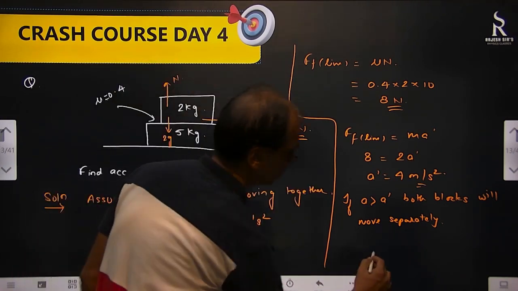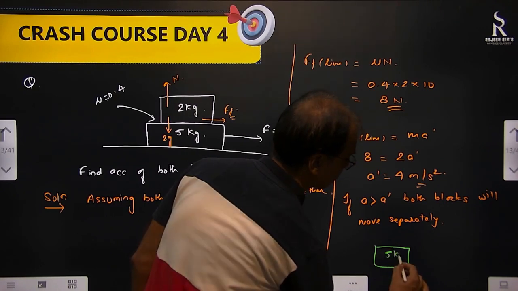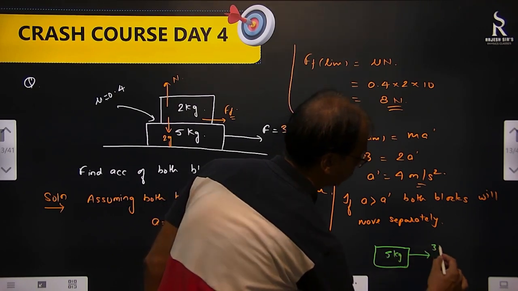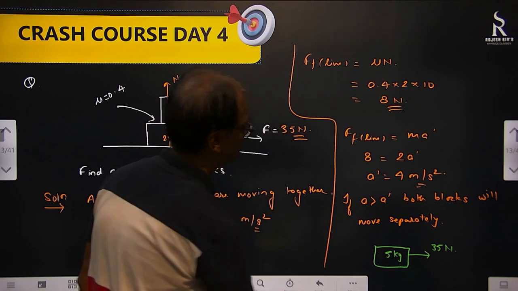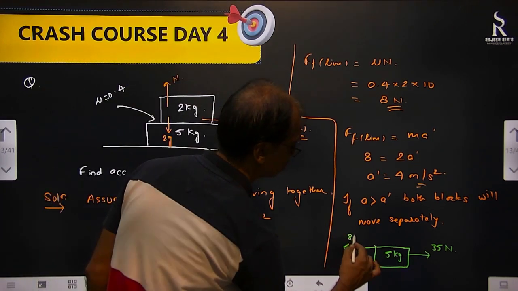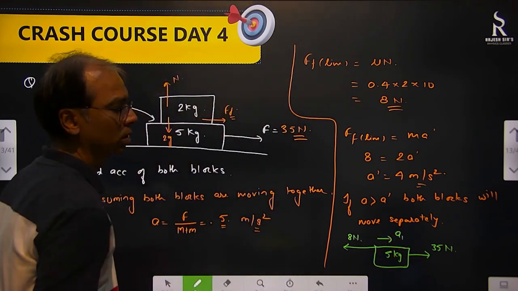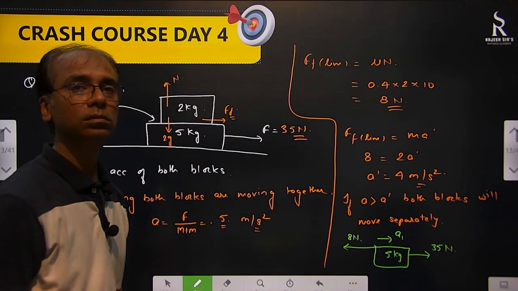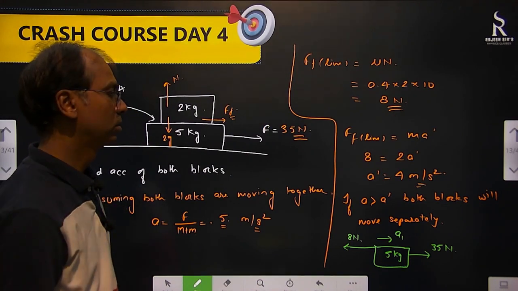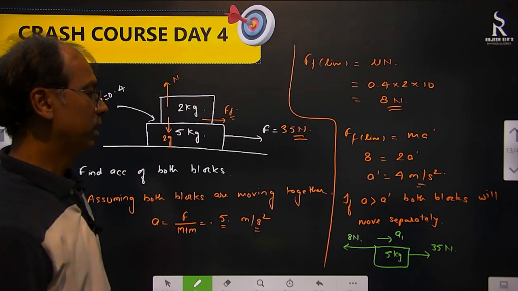So this is 5 kg. What force you applied? 35 Newton. And here force of friction is acting how much? 8 Newton. And then its acceleration. That's all. So 35 minus 8, how much? 35 minus 8 is 27.